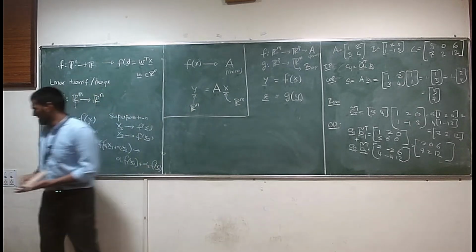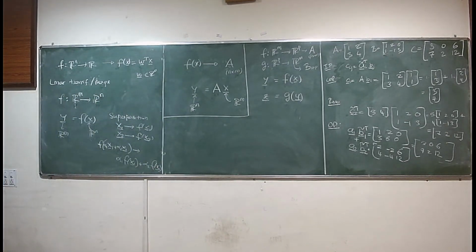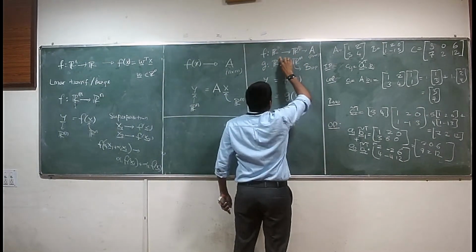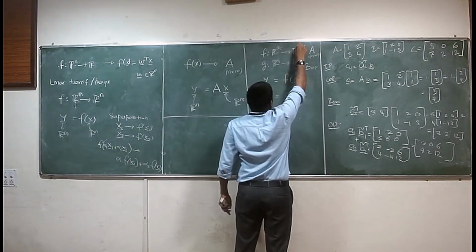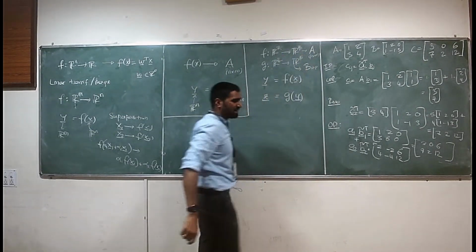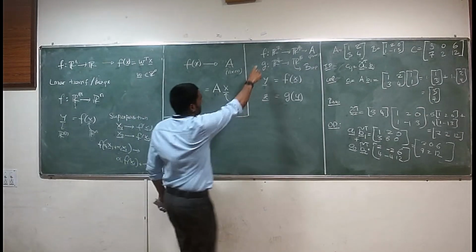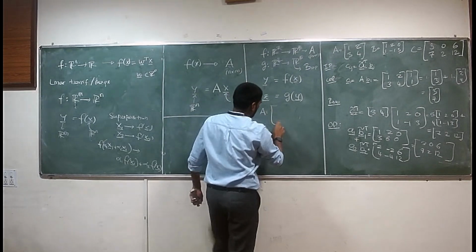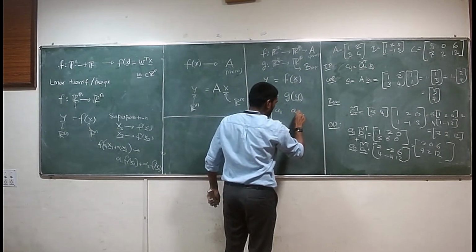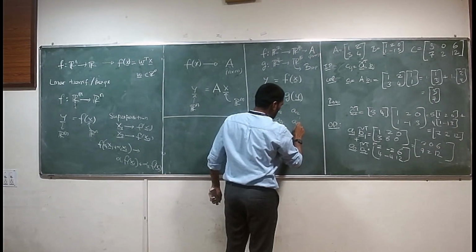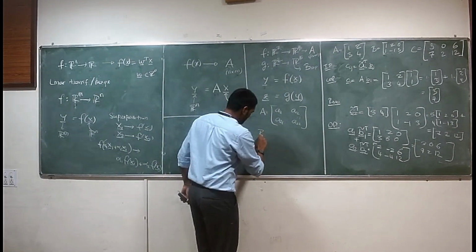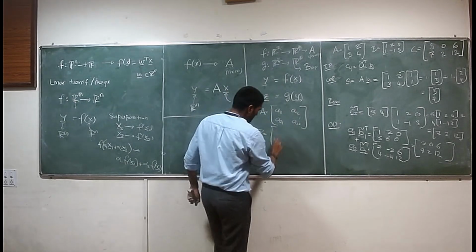Okay, for simplicity, let's say all of this is 2. And the function f is represented by a11, a12, a21. And the function g is represented by b, which is b11.